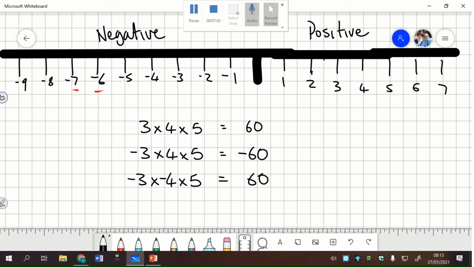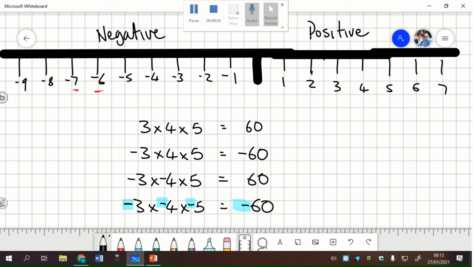And you're going to find this amazing. You're never going to guess what's going to happen now. If I do negative 3 times negative 4 times negative 5, I've now got 3 negatives in my question. And because it's an odd number, it's going to go back to negative 60.